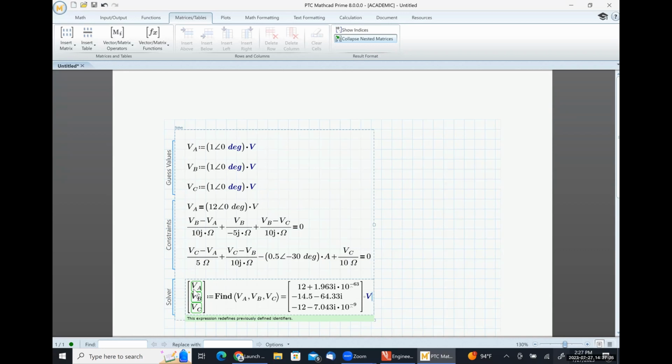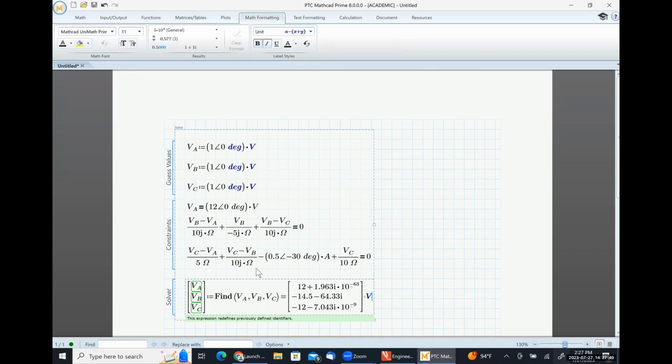Generally speaking, I prefer my answers to be in polar form with my angle expressed in degrees. So if I go to this math formatting tab in the top middle with this block highlighted, and I come down here, this middle section, the bottom right option says 1 + 1i. This is my complex values menu. So this is a drop-down menu that lets me tell MathCAD what my preferred way to see complex numbers is.